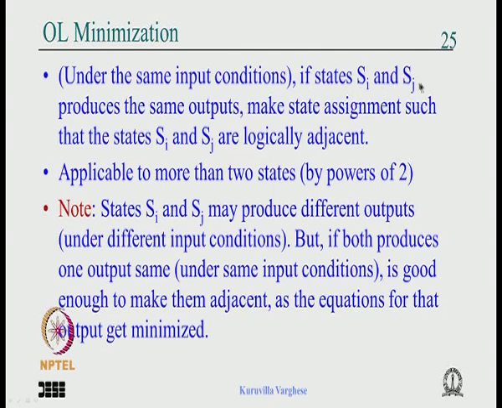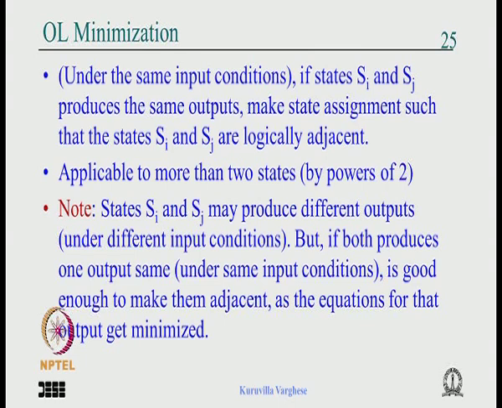If states Si and Sj produce the same output, make the state assignment such that Si and Sj are logically adjacent. It is applicable to more than 2 states by powers of 2. You cannot make 3 logically adjacent; after 2, the next thing to try is 4, 8 and so on.